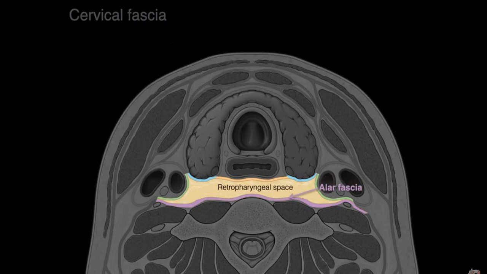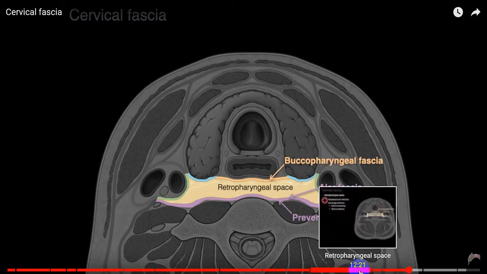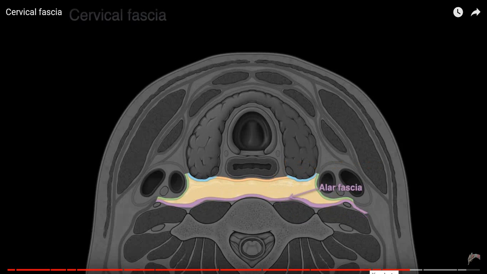So often when we define the retropharyngeal space, anatomists will say it is between the buccal pharyngeal fascia and the prevertebral fascia. Or they'll say retropharyngeal space is between buccal pharyngeal and alar fascias, or buccal pharyngeal and prevertebral fascias. That's what makes it confusing in many references or professors that might be lecturing on this topic.